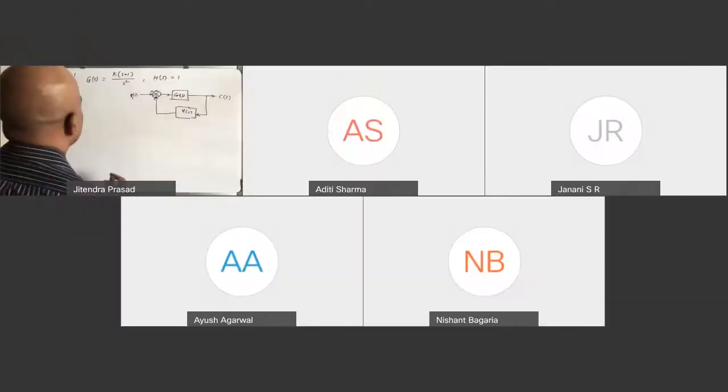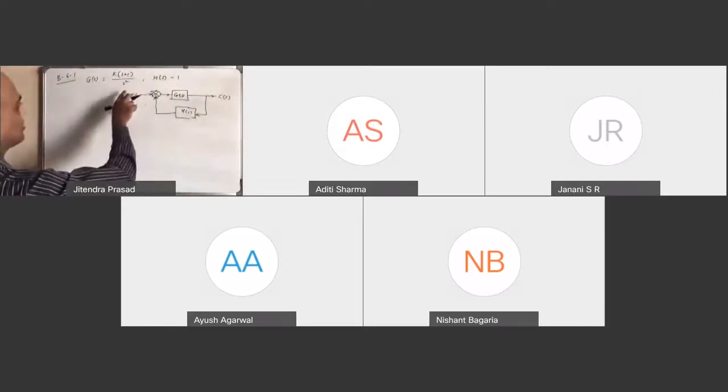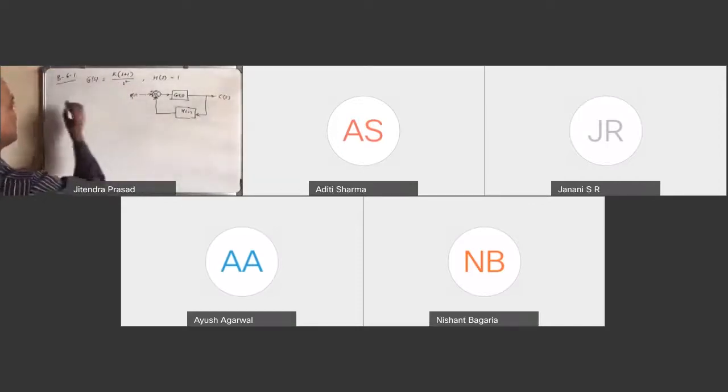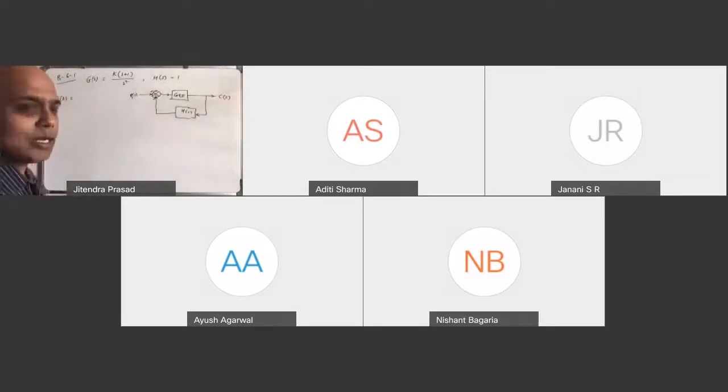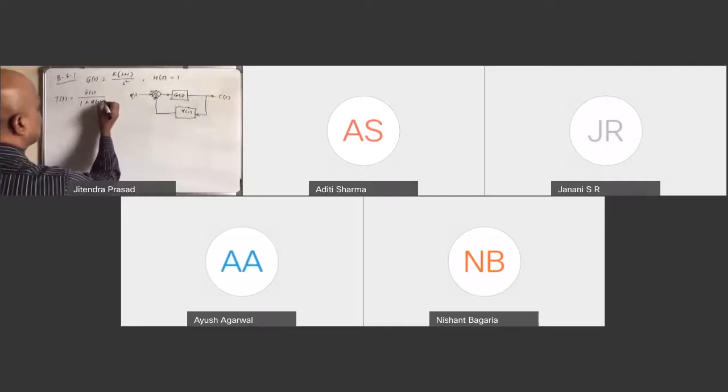Okay, so how to do it? When you write the closed loop transfer function, it will be G(s) divided by 1 plus H(s) times G(s). That's what it will be.